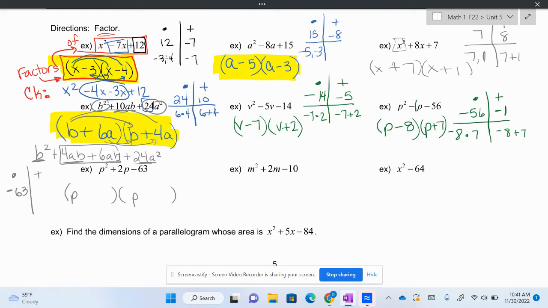And when I add them, I get a positive 2. Well, let's see. 63 is the same thing as 9 times 7. So positive 9 times a negative 7 gives me my negative 63, and positive 9 plus negative 7 gives me my positive 2. So since the 7 is the negative term, I write it as P minus 7.